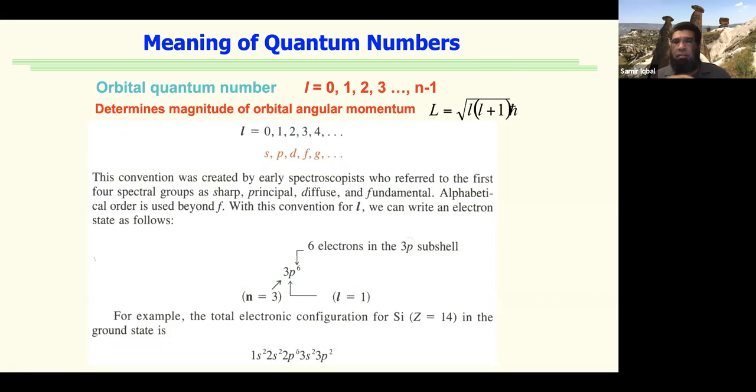Where the first number is the principal quantum number, p is your orbital quantum number, and then how many electrons are in that orbital quantum number, or those suborbitals, which can be defined by SPDF. So that superscript value tells you how many electrons are there.